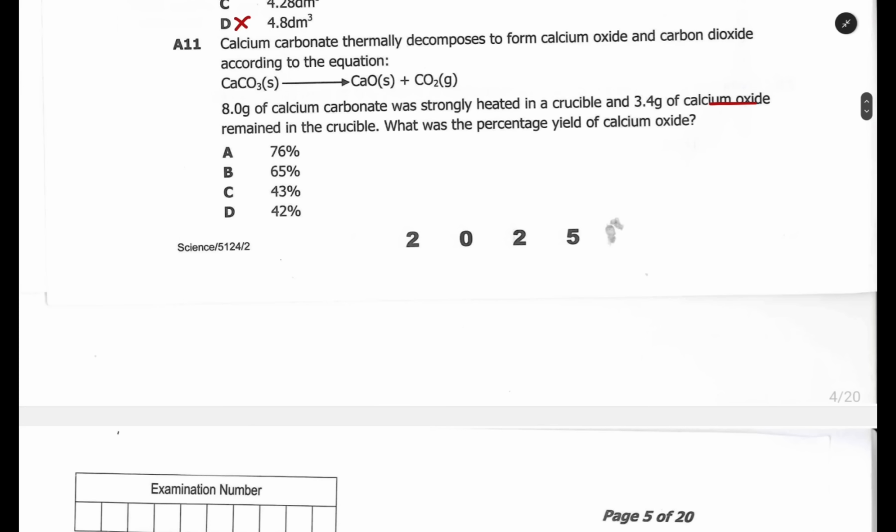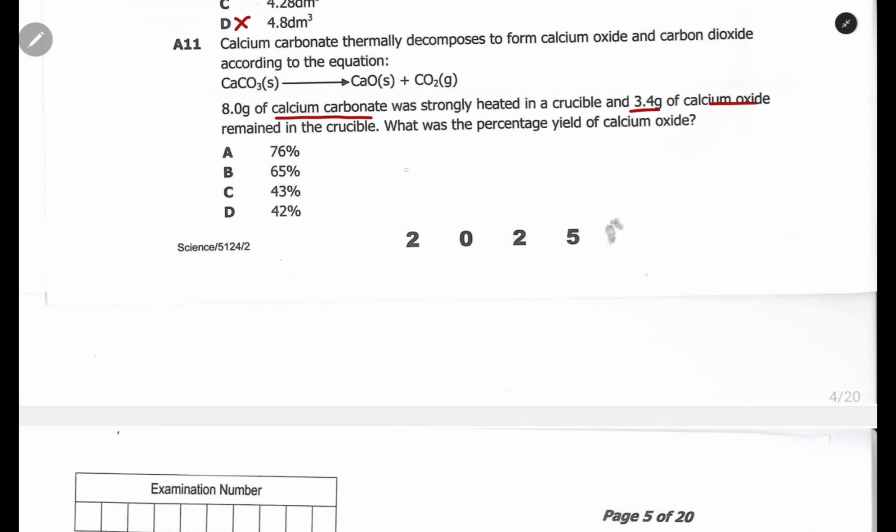As you can see from the equation, they are saying 8.0 gram of calcium carbonate was strongly heated in a crucible. 3.4 gram of calcium oxide remained in the crucible. What was the percentage yield of calcium oxide?